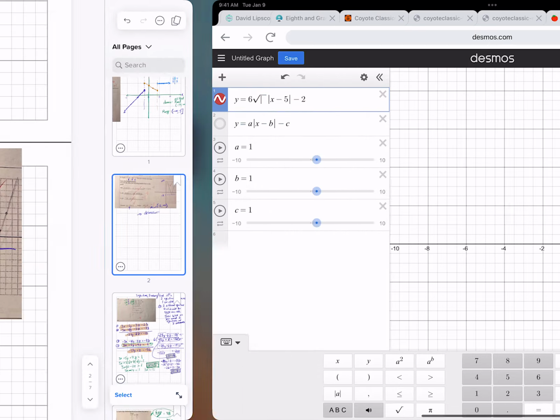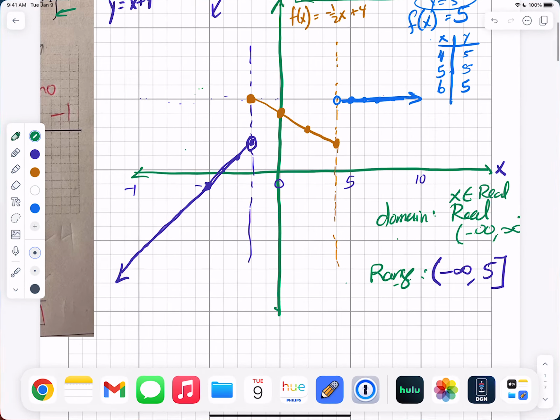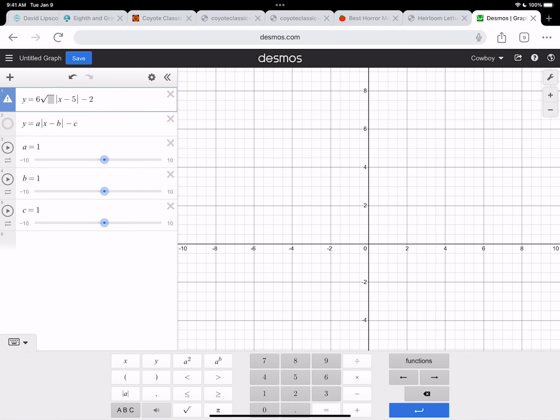So the bigger the number, the skinnier it gets. Right, so let's go back to 3. So 3 is sort of skinny. 1 is fat. 2 is skinnier, and then 3 is skinnier. So that number makes it skinny.